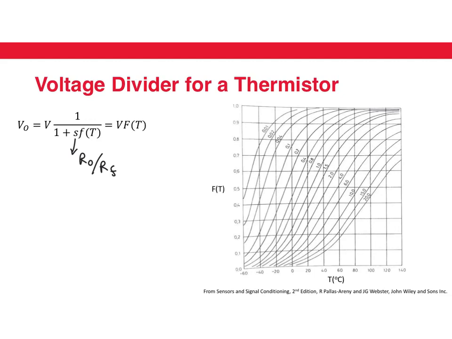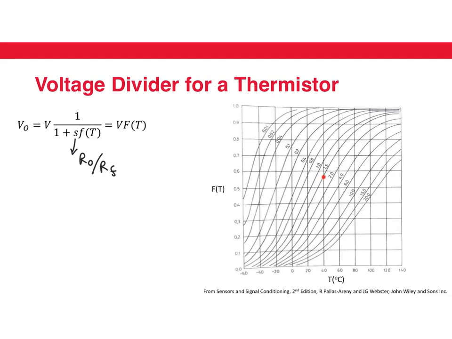If we have that, we can plot F(t) over T for different values of S. And we notice that for this material, if S is 1.5, we have an almost linear response of the thermistor from a little above 0 degrees to somewhere around 20 or 40 degrees.